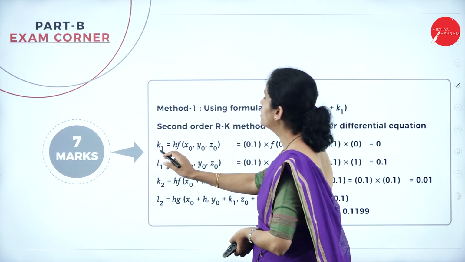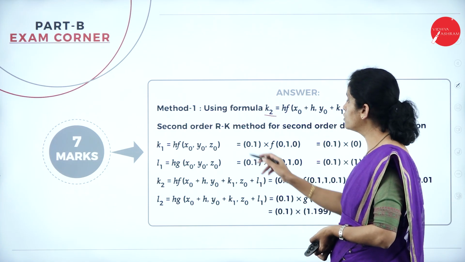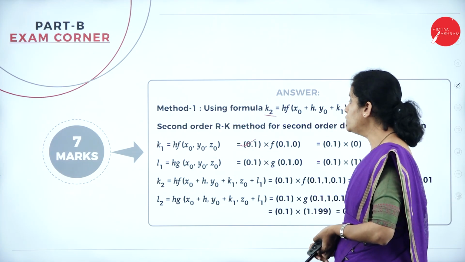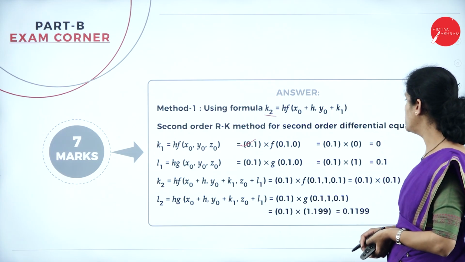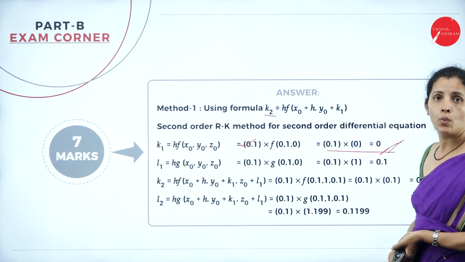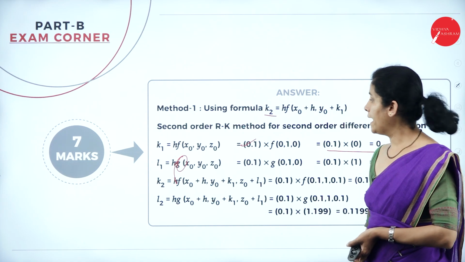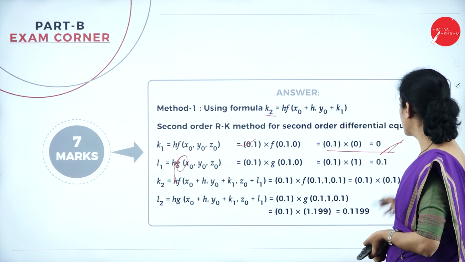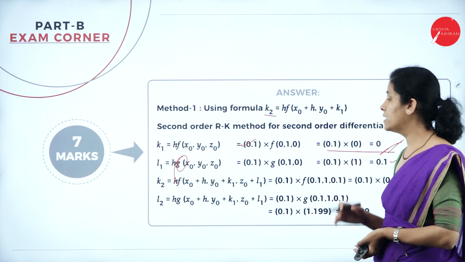Now k1 equal to height 0.1 into the function. I'm going to substitute the x value, y value, z value. I'm getting the answer 0. And when I consider the function of x comma y comma z, I'm getting the answer 0.1. So I got k1 and l1.